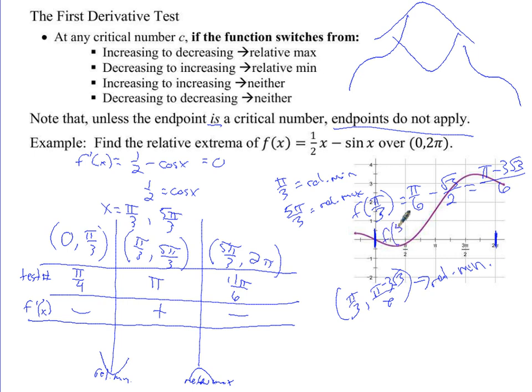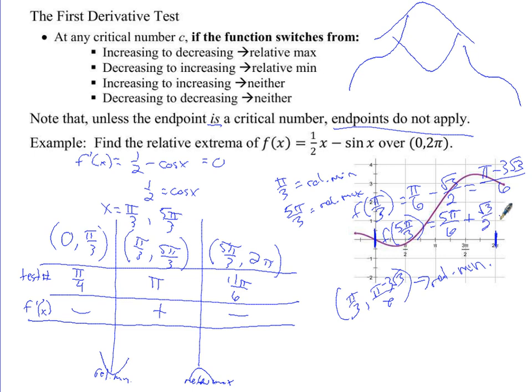f of 5 pi over 3 equals 1/2 of 5 pi over 3, which would be 5 pi over 6, minus the sine of 5 pi over 3, which is negative root 3 over 2. So that's actually going to turn plus root 3 over 2.